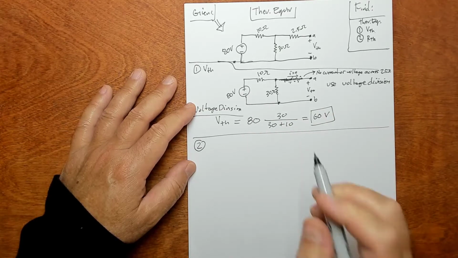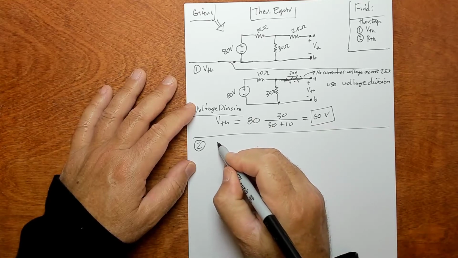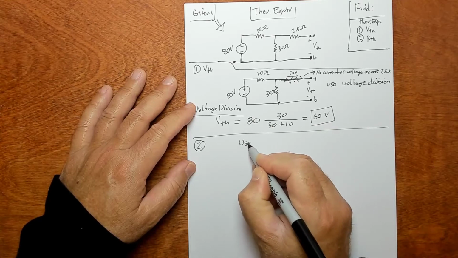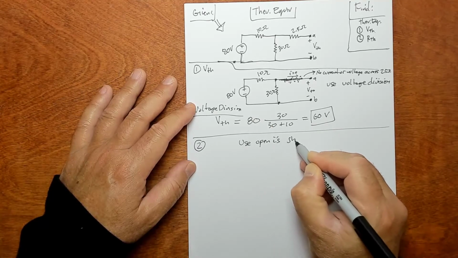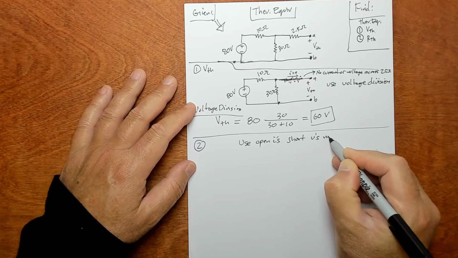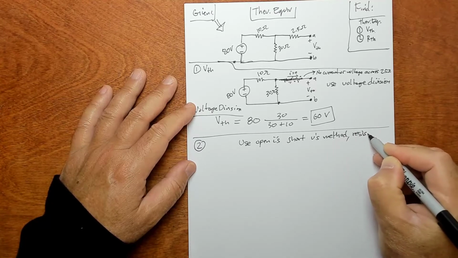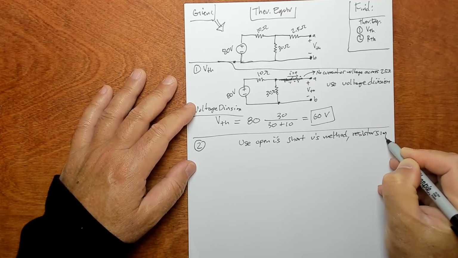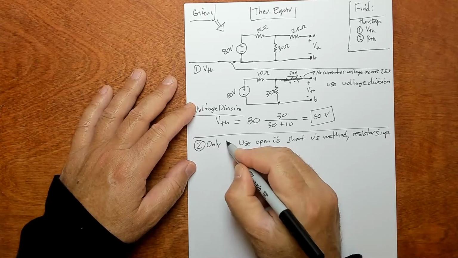So when you only have circles, you can use the open I's, short V's method, and then followed by resistor simplification. Okay, that happens when you have only these guys.